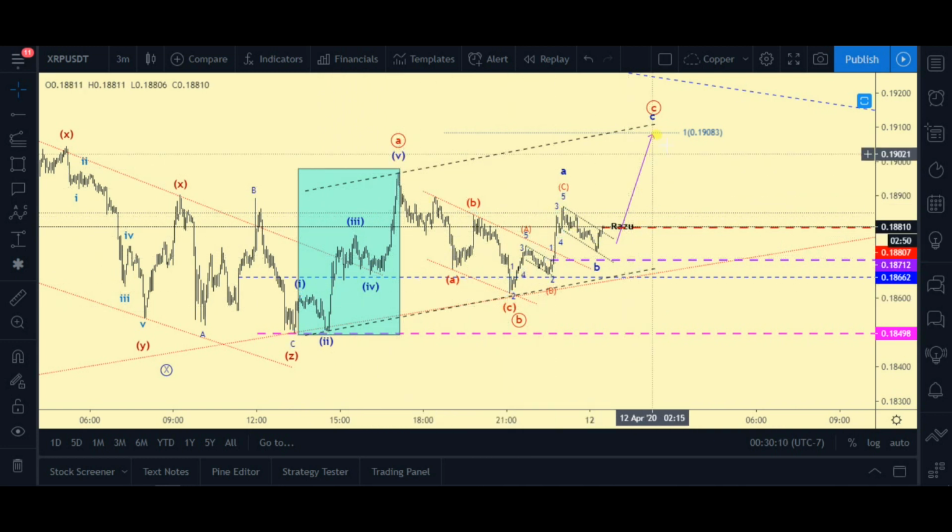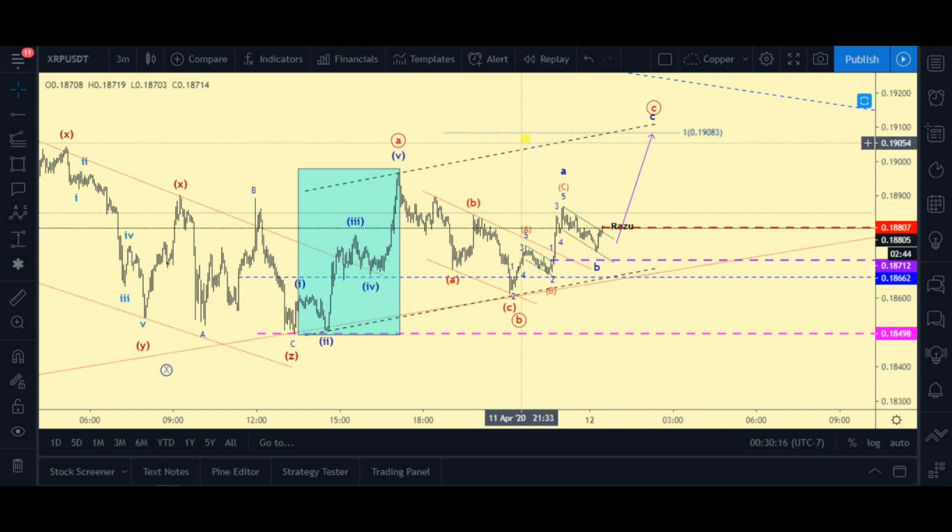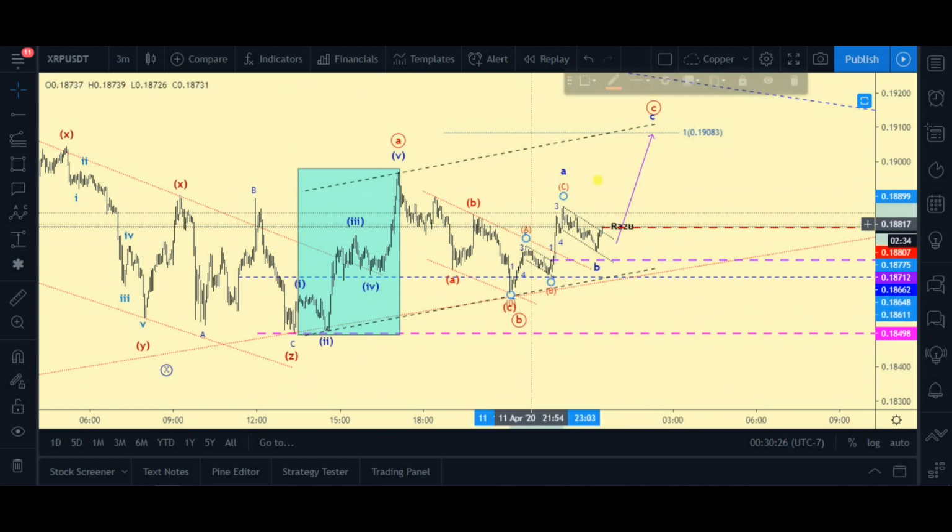So we have to see another move up from here. Since this is 1, 2, 3, 4, 5 and ABC, and the C does not come below the first wave, I can say that this should be a zigzag pattern.